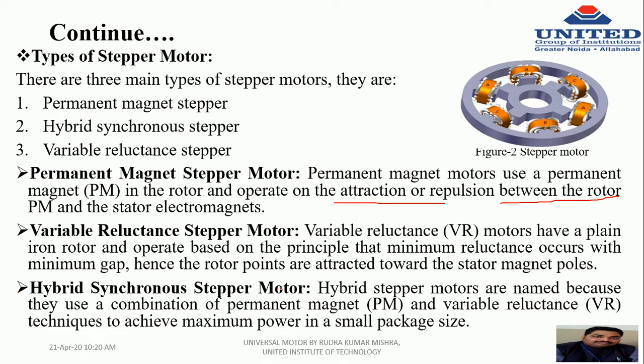Hence the rotor points are attracted towards the stator magnet poles. Hybrid synchronous stepper motors are named because they use a combination of permanent magnet and variable reluctance techniques to achieve maximum power in a small package size.